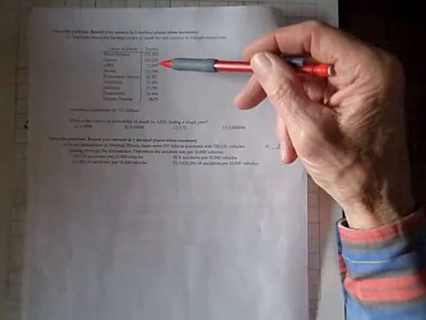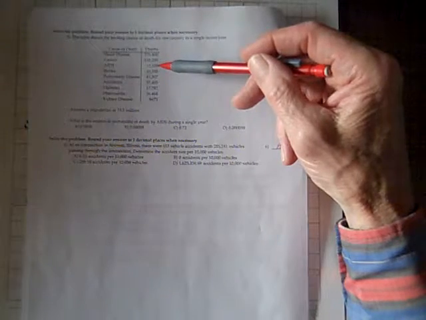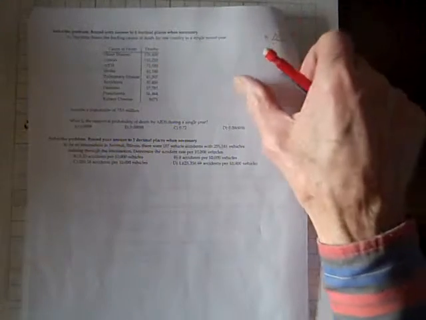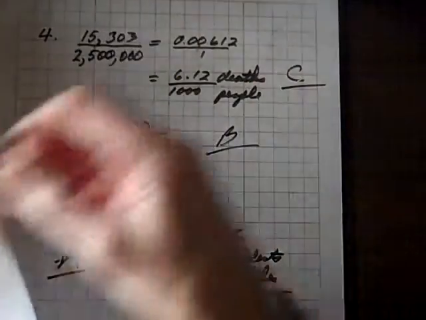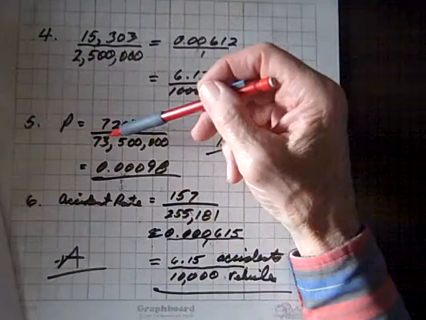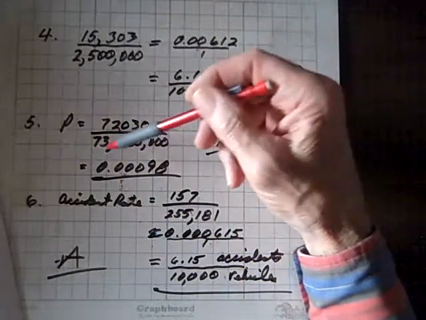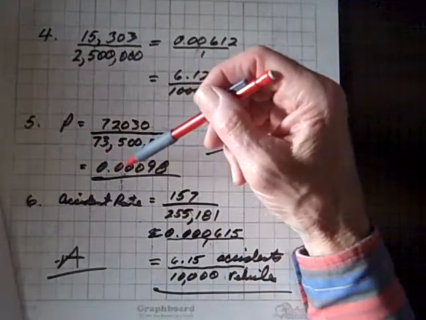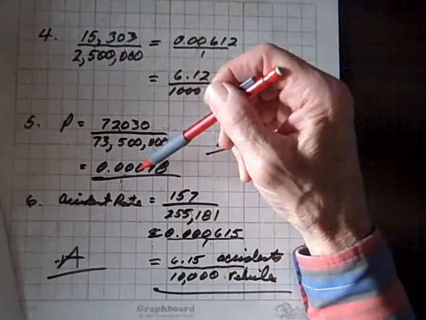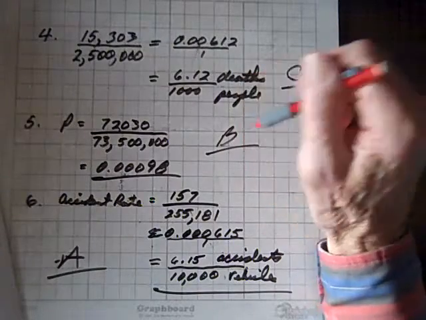And death by AIDS is 72,030. So our quotient is 72,030 divided by 73,500,000, and that quotient is 0.00098, and our selection is B.